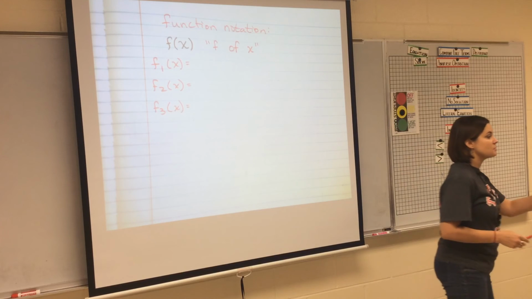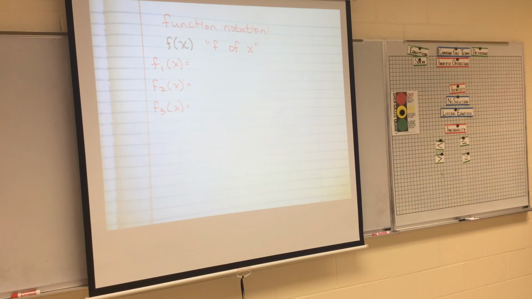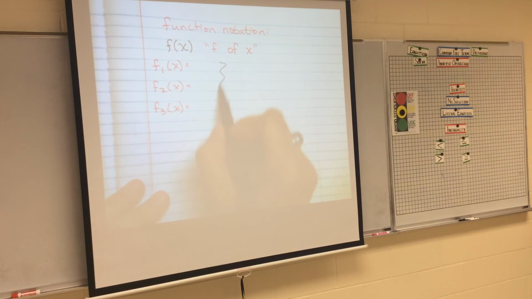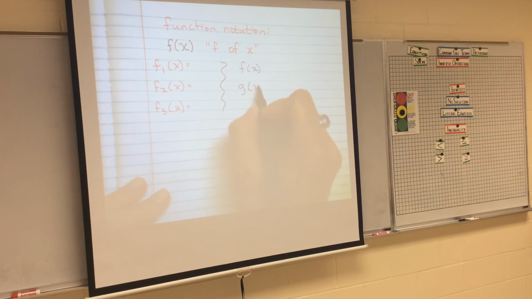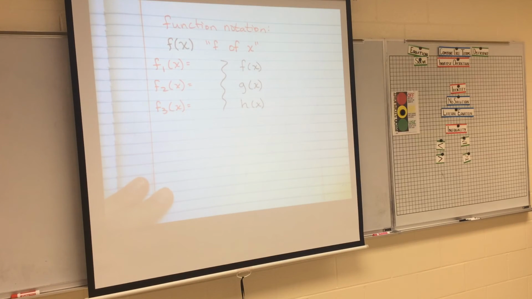So another way we can name these is f of x, g of x. I named this function g. This is function g of x, function h of x. You can name them different things: j of x, r of x, m of x.